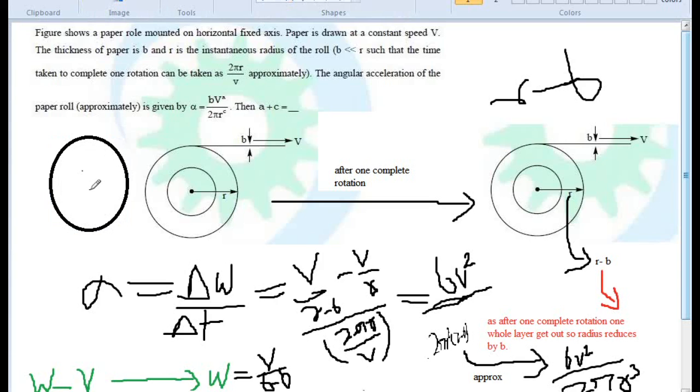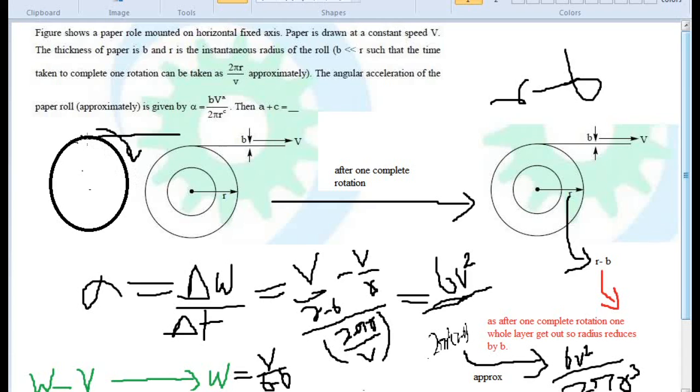Like for example, this is the paper roll, and we have just plugged some of the paper out over here. Now, since we removed some of the paper over here, this is going to move here, and since this is going to move here, some of the layer that laid on here is getting removed.